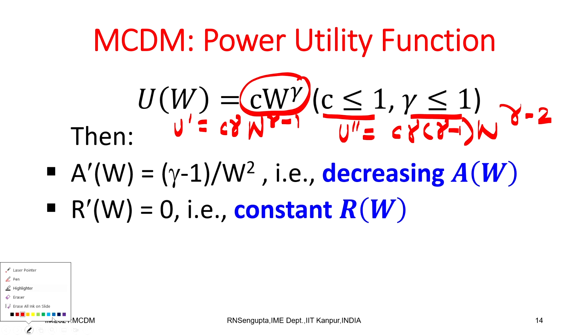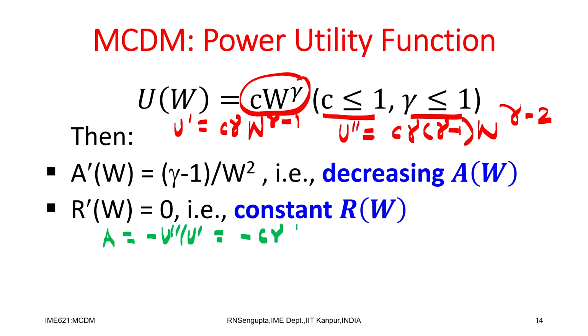So, we use a different color. Now a is minus u double prime by u prime, which is minus c gamma into gamma minus 1 w to the power gamma minus 2 divided by u prime, which is c gamma w to the power gamma minus 1.